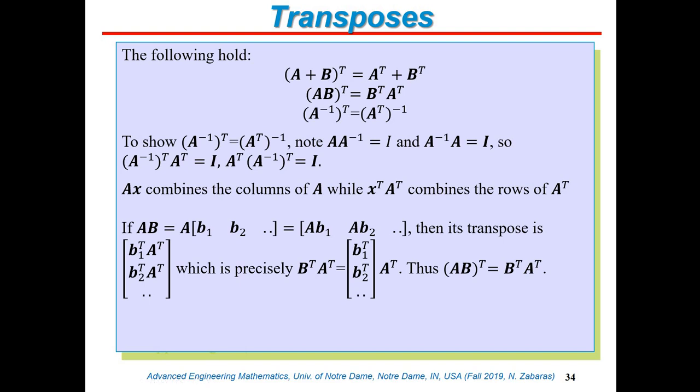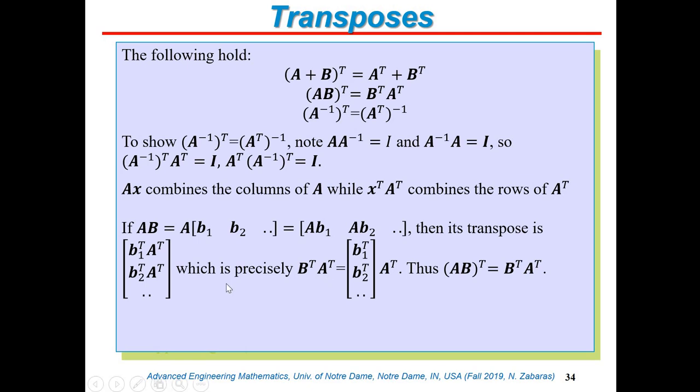So when you take the transpose of AB, these columns are going to become now the rows of AB transpose, okay? So B1 transpose A transpose is the first row of the transpose of AB. B2 transpose A transpose is the second row of AB transpose.